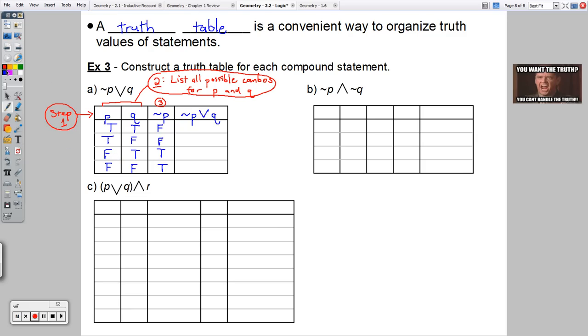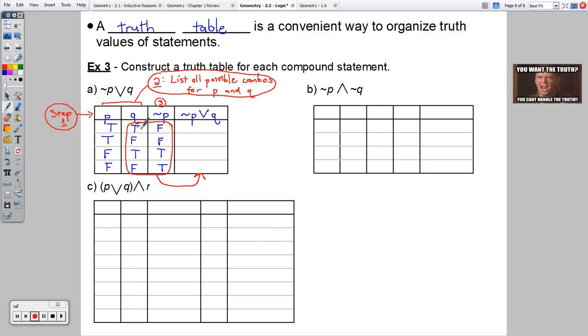And then finally, in step 4, now I'm going to look at not P and I'm going to look at Q, and I'm putting them together with an or in between them. So I'm taking these truth table values for not P and for Q, and I'm applying the or in between them. So or, a disjunction, means that just one of them had to be true for the statement to be true.